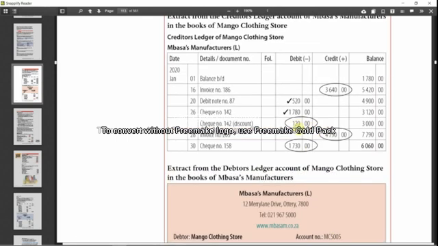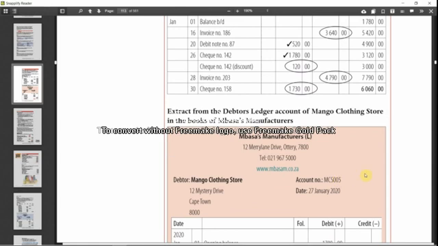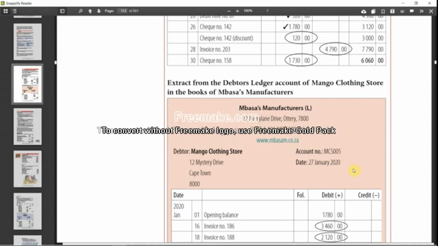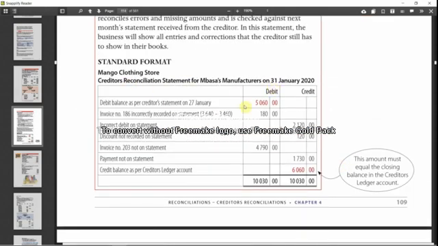Now, if the circle is on our side, it means there's an entry that we made that they did not make from their perspective. Now, if our entry is valid, we will therefore have to include it on our equivalent of their creditor statement, which we call the creditors reconciliation statement, which structurally only has a debit and a credit and then explanations of what's happening on the side.